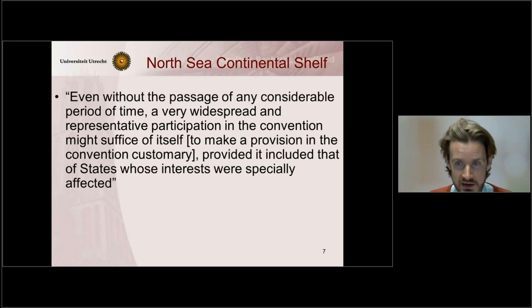Even without the passage of any considerable period of time, a very widespread and representative participation in the convention might suffice of itself to make a provision in the convention customary, provided it included that of states whose interests were specially affected. But the Geneva Convention on the Continental Shelf did not have such widespread participation. Not that many states at the time had ratified it.